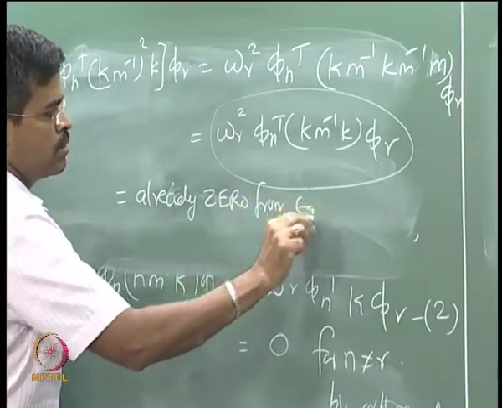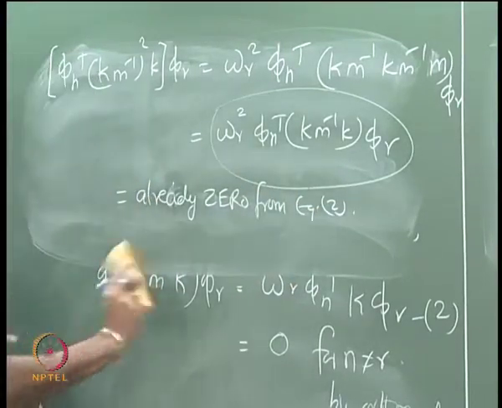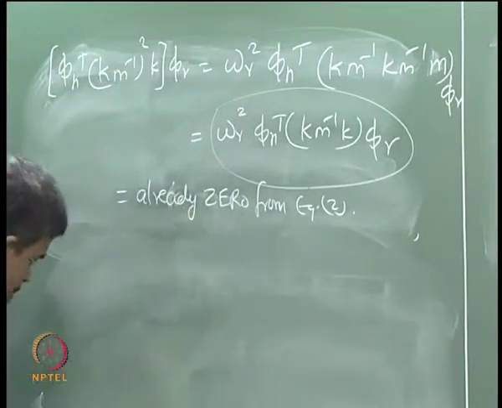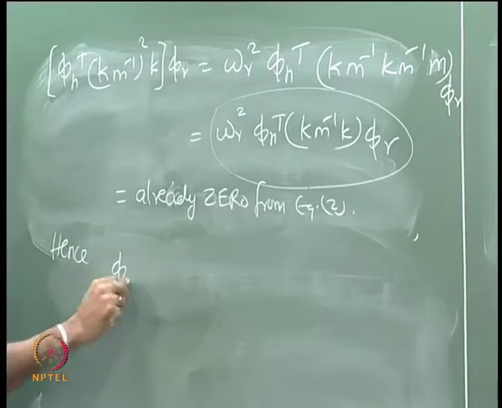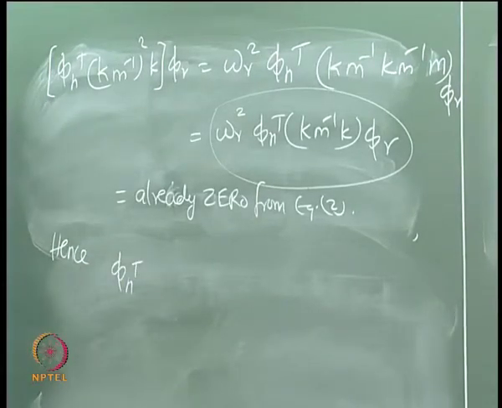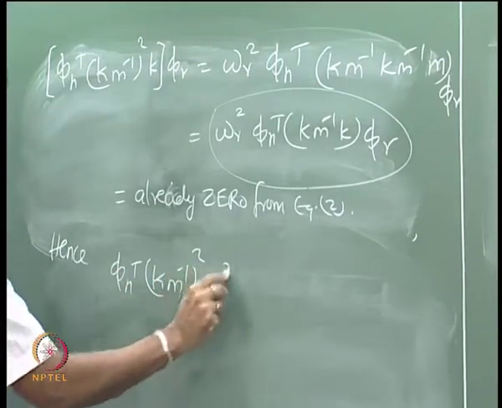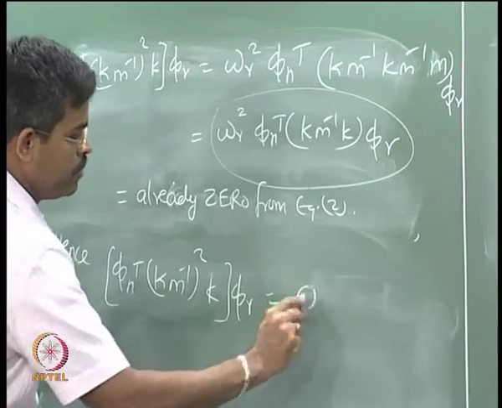Therefore, phi n transpose K m inverse squared of phi r is 0.